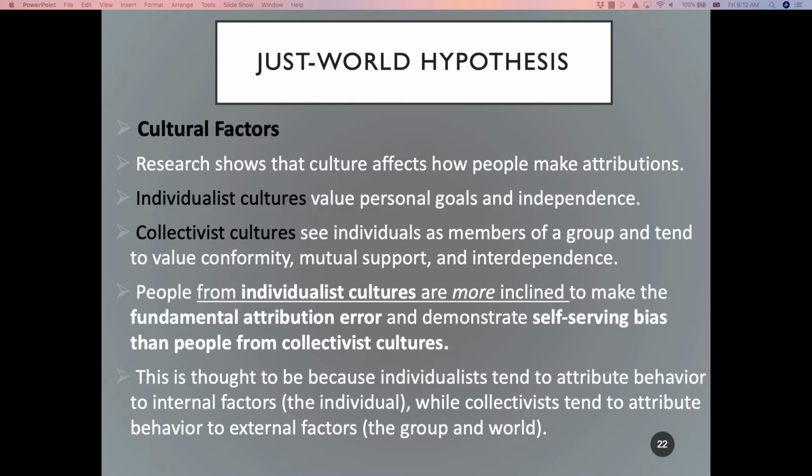So individualistic cultures are talking about personal goals, independence, whereas this doesn't happen so much in collectivist societies. So the way in which you attribute behaviour, the way in which you explain behaviour from the influence of others will depend on what culture you are from as well.